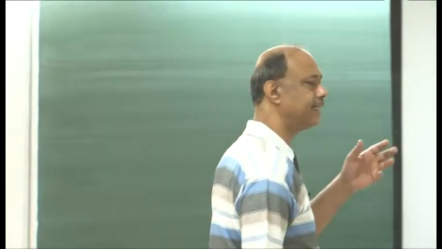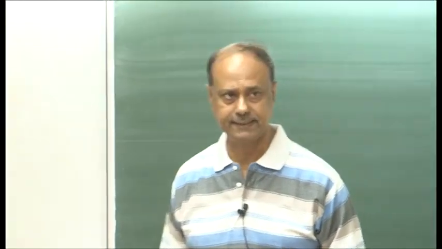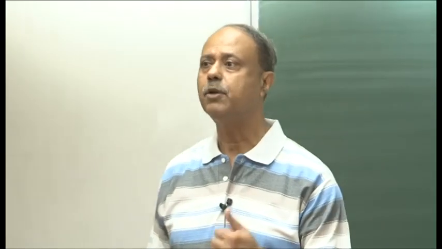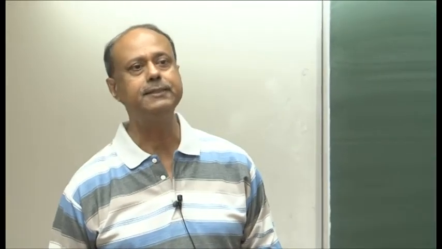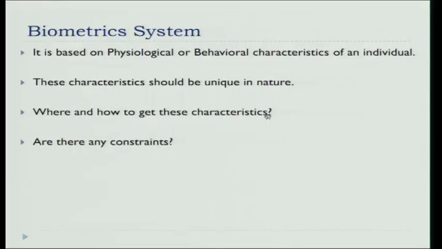Now, there are several other characteristics, but you cannot consider all of them as biometric characteristics. You can select only those characteristics as biometric characteristics which are unique in nature. Suppose I consider this arm as my biometric characteristic, but you will not be able to identify the individual by seeing only this arm part.